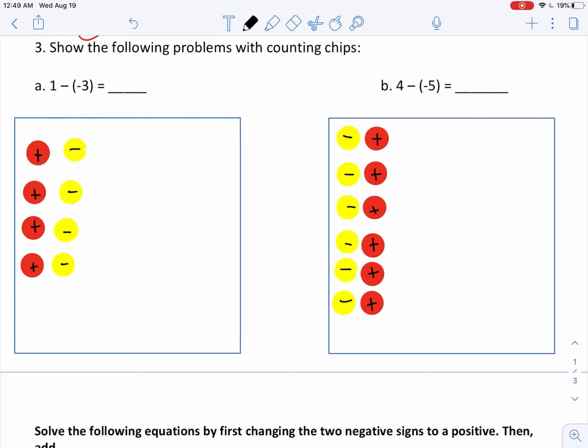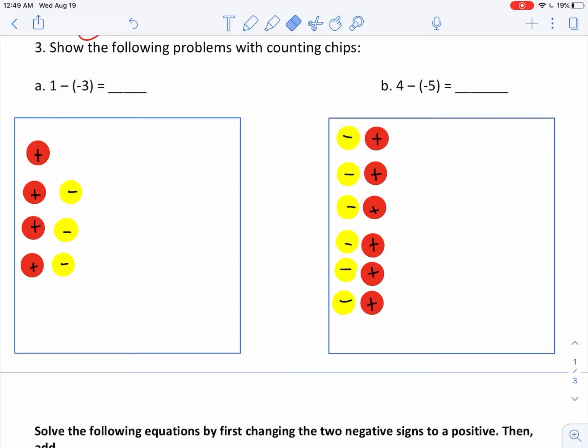So I've got 1 minus negative 3. So let me show 1 first of all. So here's a 0, here's a 0, here's a 0. And then I've got this 1 positive chip all by itself. So that's just positive 1. So I've started out with positive 1 right here.